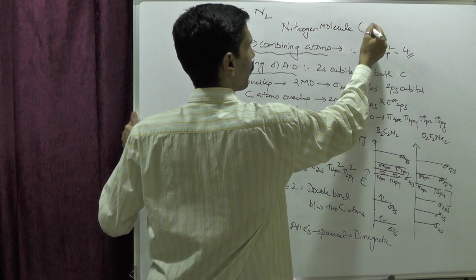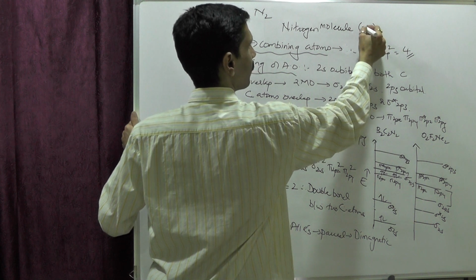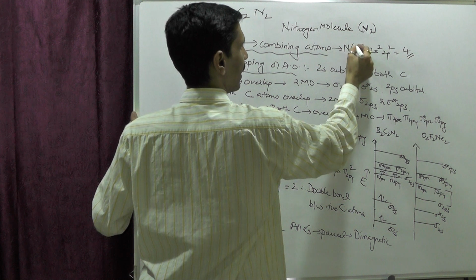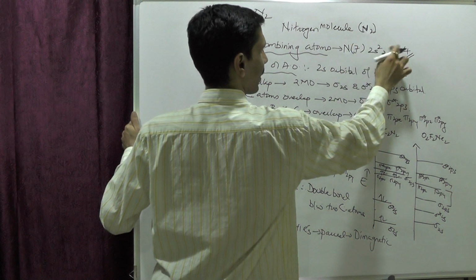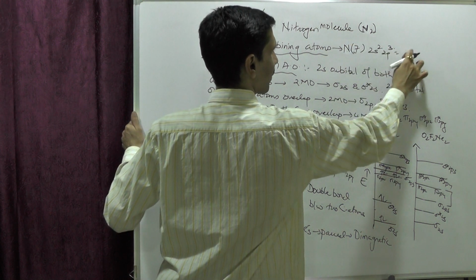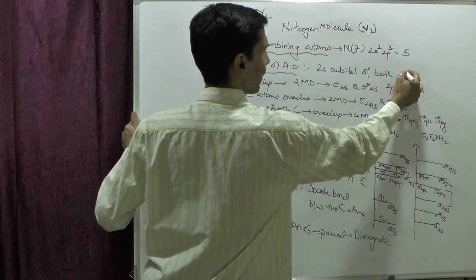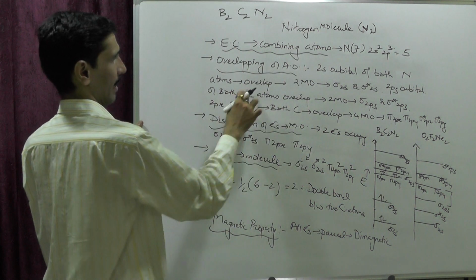Nitrogen means it is N2 molecule. Now when you talk about nitrogen, its atomic number is 7. So we have 2s2 and 2p3. Instead of 4 electrons, we will be having what? 5 electrons. Now the C is replaced by N.